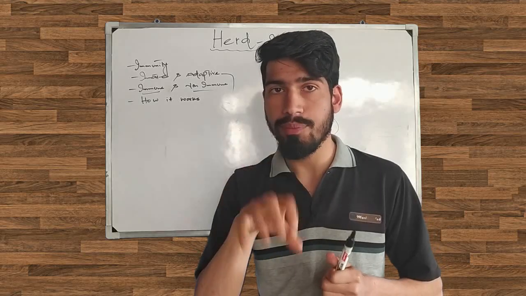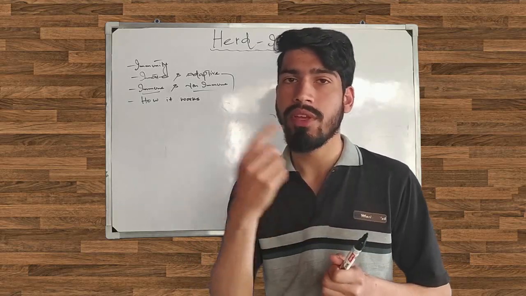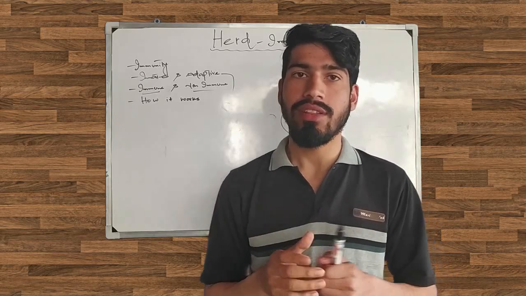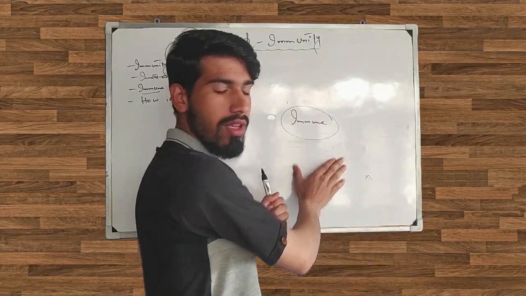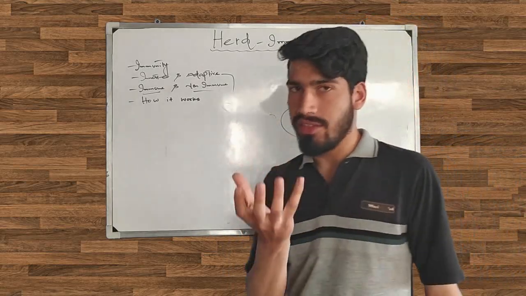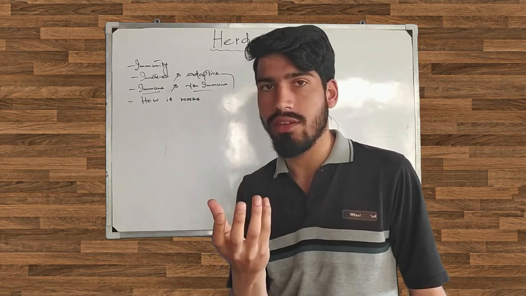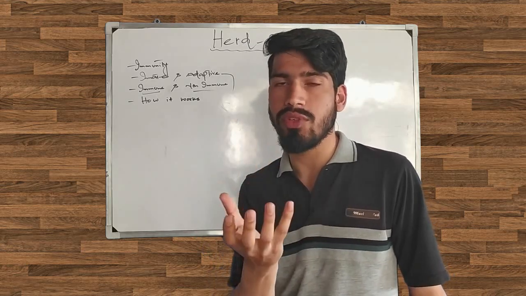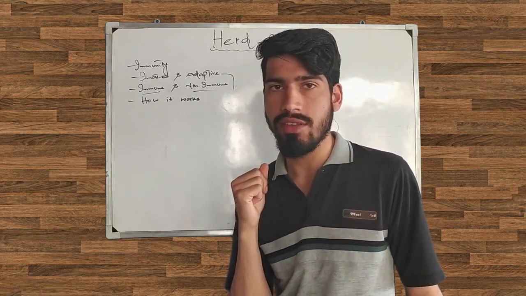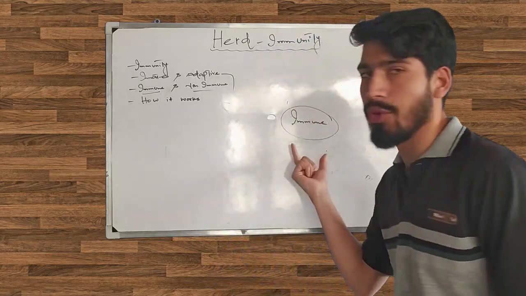The person produces antibodies against the COVID-19 and recovers from it. That's called immune. If a person has a disease, produces antibodies against that disease, and recovers after some time, that's called immune.